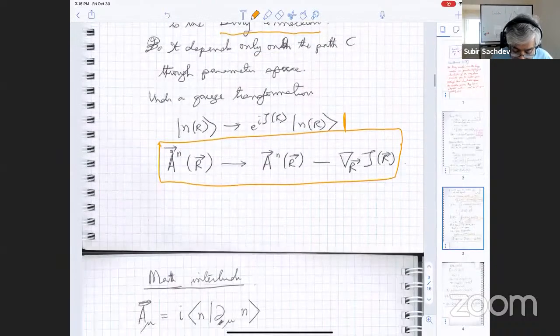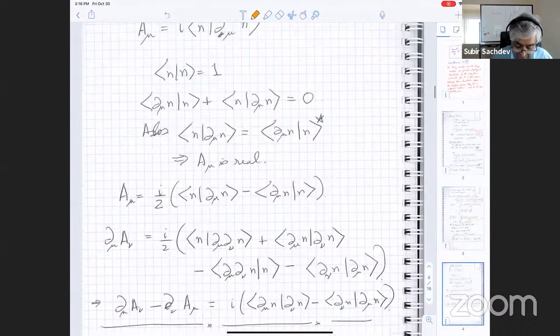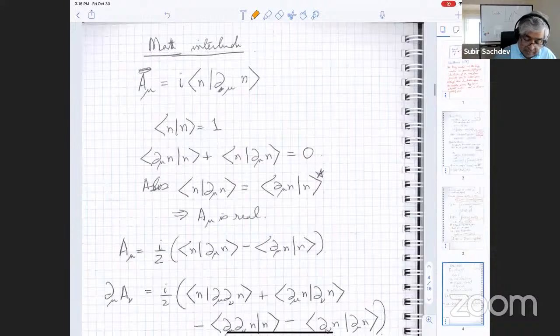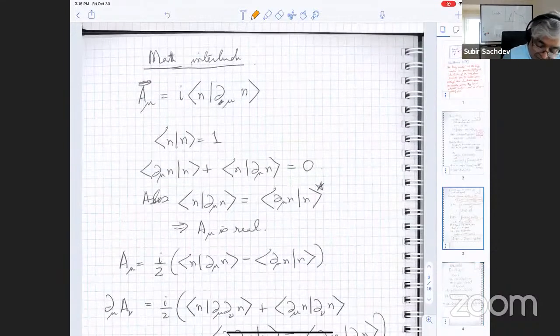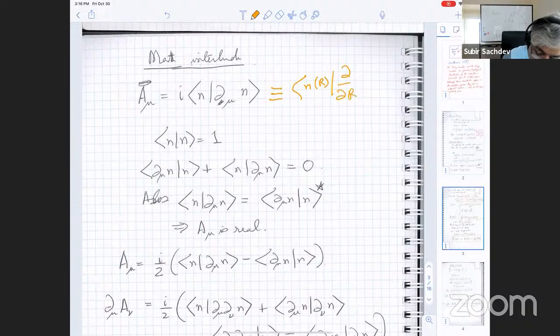Okay, so here's just a math interlude for various things we kind of assumed. So here I'm using short notation. This is the same as n of r, d by dr mu of n of r. So I just rewrite that in short form as n d mu n. Occasionally we'll have to take a derivative of the bra rather than the ket, on the left and the right.